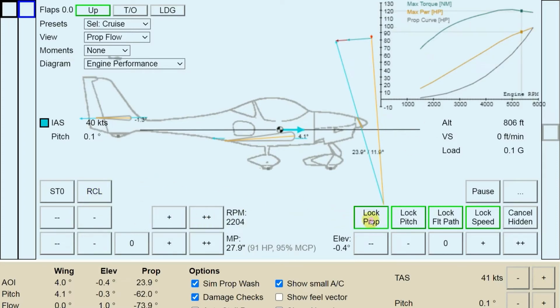Because a constant speed propeller adapts to the changing airflow by decreasing its blade angle. That decreases the angle of attack of the propeller blades and the resistance against the airflow. Therefore, the propeller speeds up to maximum RPM and the engine again delivers full power.